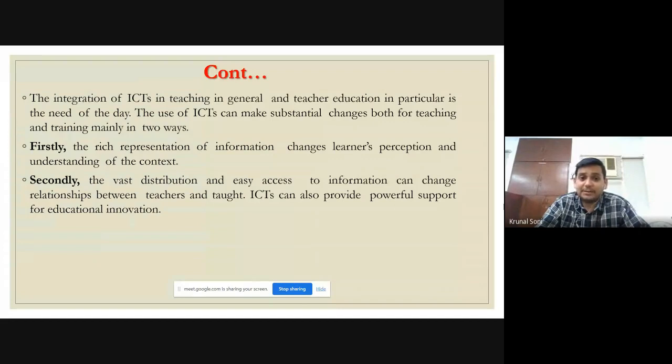And that's why it has been said, it is not only required from the student's point of view, but it is also required from the faculty's point of view. And secondly, the vast distribution and easy access to information can change the relationship between the teachers and the taught, right? So ICTs can also provide powerful support for educational innovation, right? So we all know how important the innovation part is in today's scenario in terms of research activities, right?